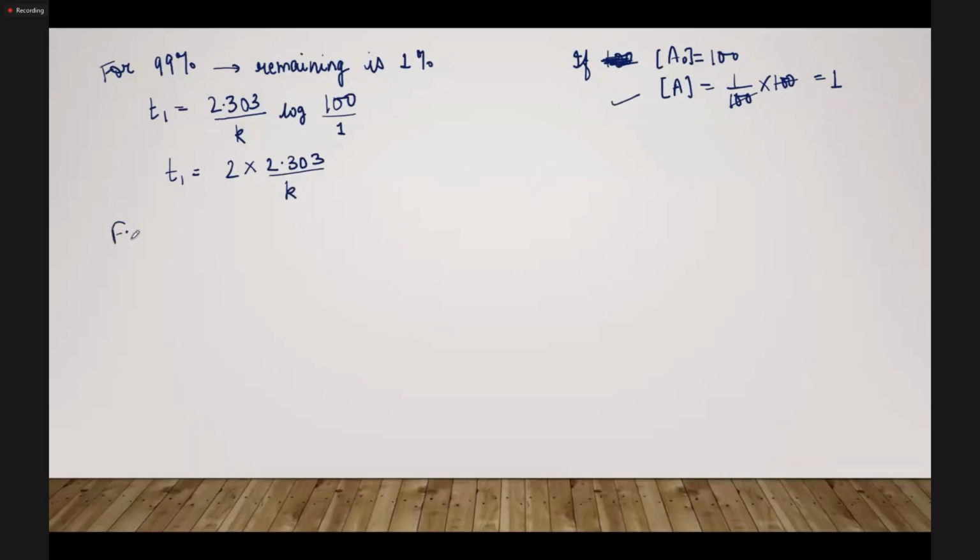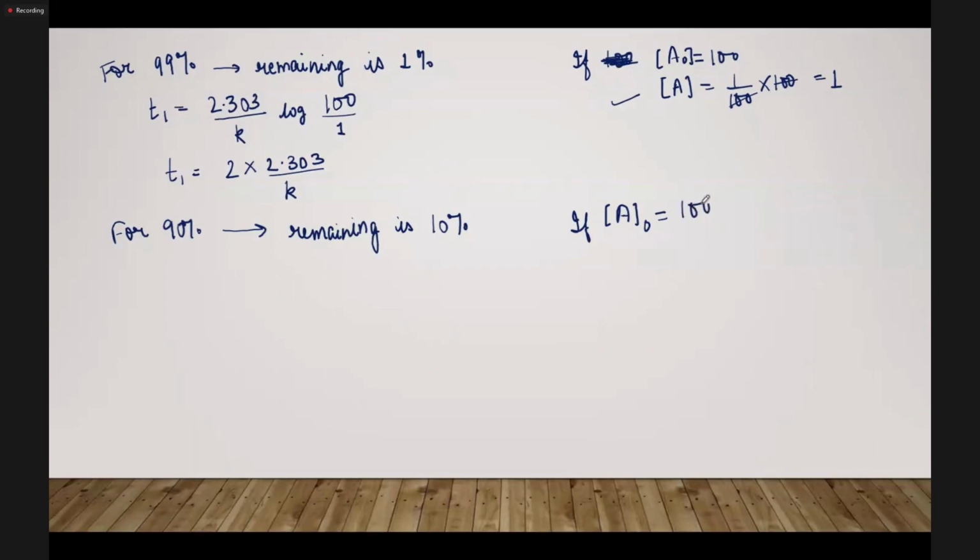Now similarly for 90%, remaining is 10%. If it is given in terms of percentage, you can take the initial concentration to be 100, no problem, because for percentage the total value is considered as 100.